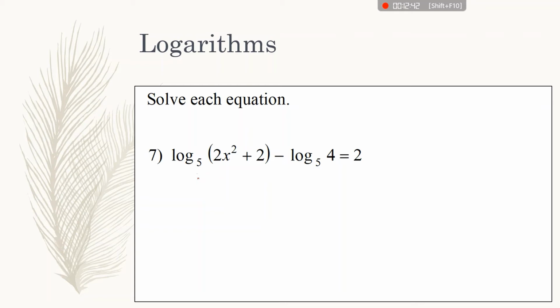Do you divide? Divide. This is 2x squared plus 2 over 4. Okay, then I'll do the same things. This is 25 is equal to x squared plus 1 over 2, or 50 is equal to x squared plus 1. Therefore, x squared is equal to 49, or x is equal to plus or minus 7.